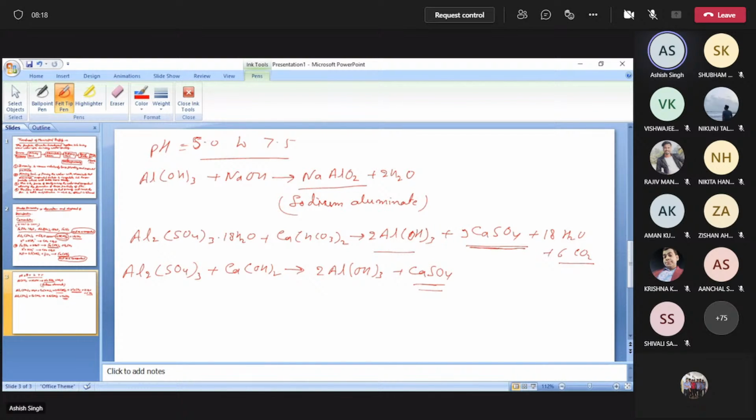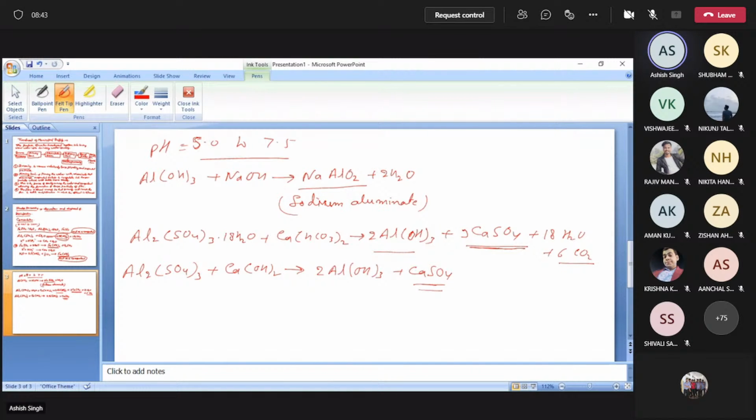When used separately, FeSO4 plus calcium hydroxide gives calcium sulfate and ferrous hydroxide. With FeCl3 and calcium hydroxide, there is the formation of CaCl2. So again the permanent hardness of the water increases.